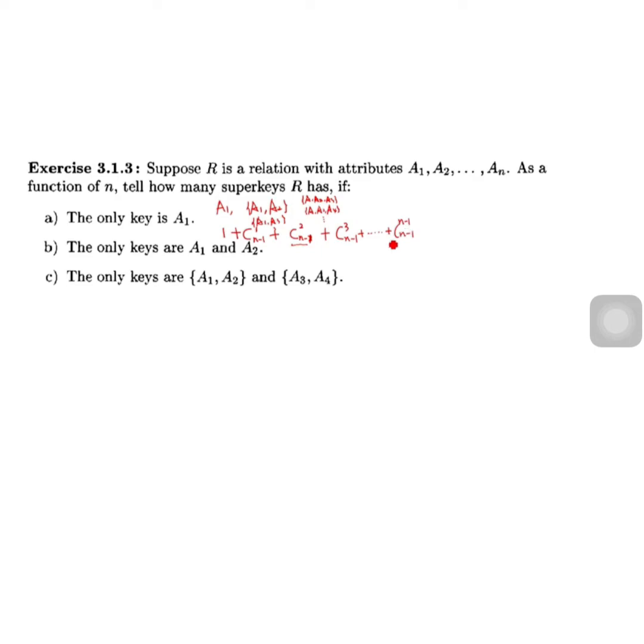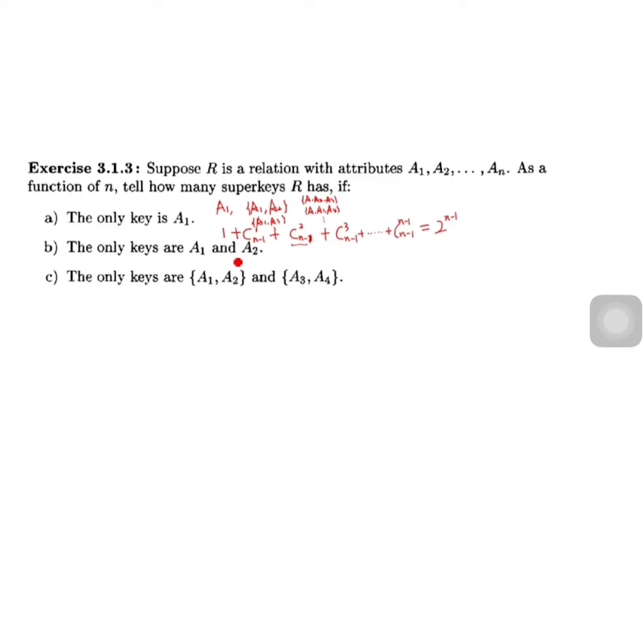Up to choosing n minus 1 attributes from A2 to An. Okay, this is the first one.